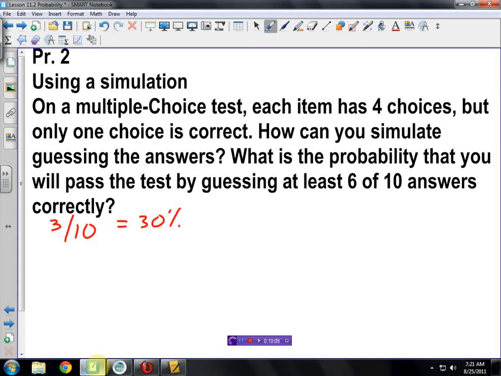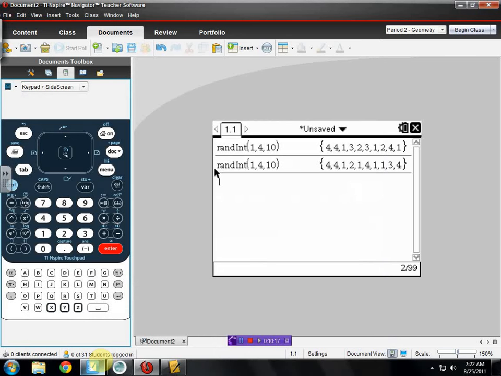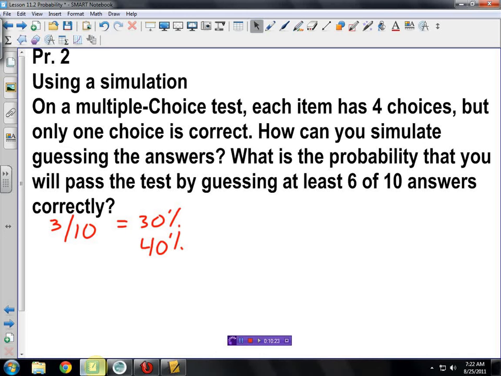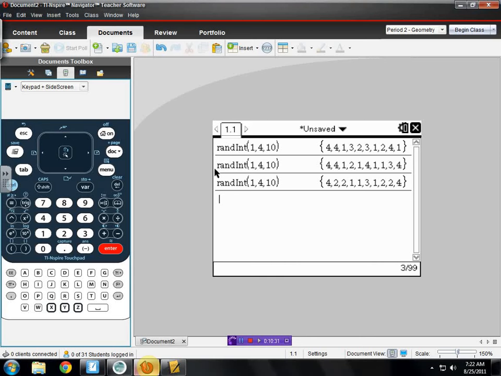So we had a 30%, a 40%, and this one here, we have 1, 2, 30% again. Right? And the more we do, the closer our experimental probability is going to be to the real one.